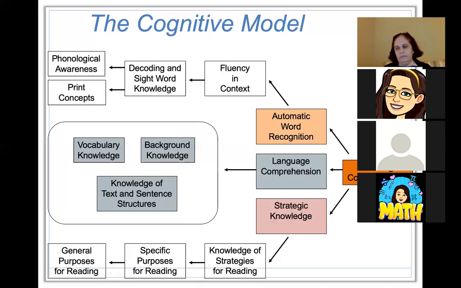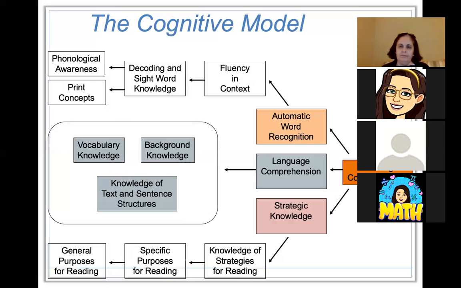So comprehension is challenging, it's coordination of complex skills and practices. So the question is, does the learner know strategies for reading?